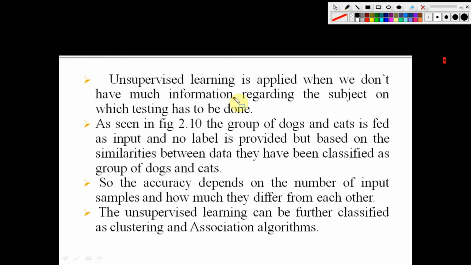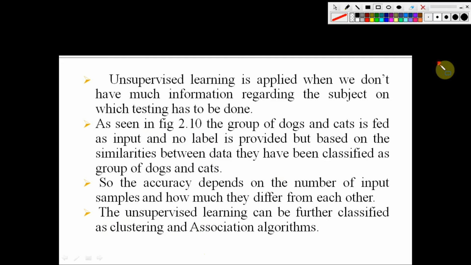If you want to label that data, it is given to an unsupervised machine learning algorithm, which will automatically divide the data, as seen in figure 2.10, which I will show in a while. The accuracy depends on the number of input samples and how much they differ from each other. Unsupervised learning can be further classified as clustering and association based algorithms. We have not discussed these two techniques here, but we will discuss them in some other session.